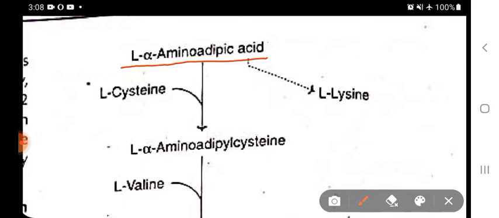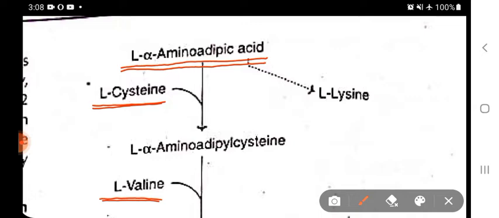L-alpha amino adipic acid combines with L-cysteine and L-valine to form a tripeptide known as L-alpha amino adipyl cysteine valine.